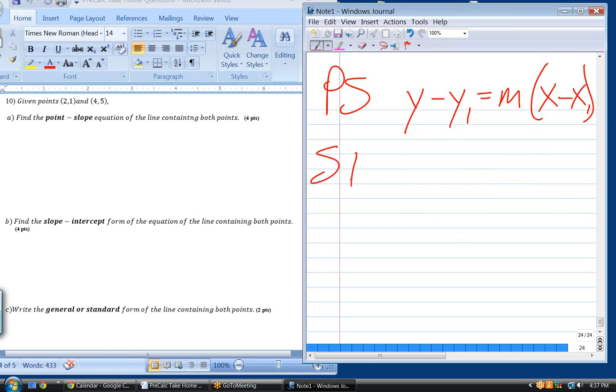Slope-intercept is the first one you learn, and that's the one most people use. That's that one, which is merely solving it for y.